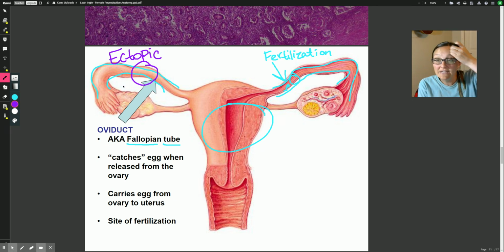There's even some crazier stories about where a baby was ectopic and burst through the fallopian tube lining here and had, what was it, like a weird placenta in the lower abdomen or something.